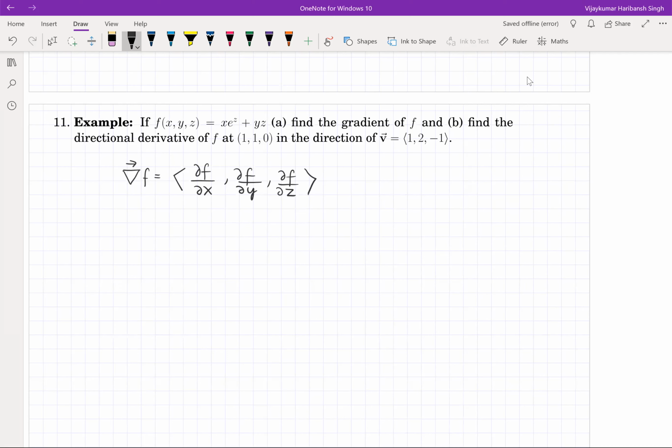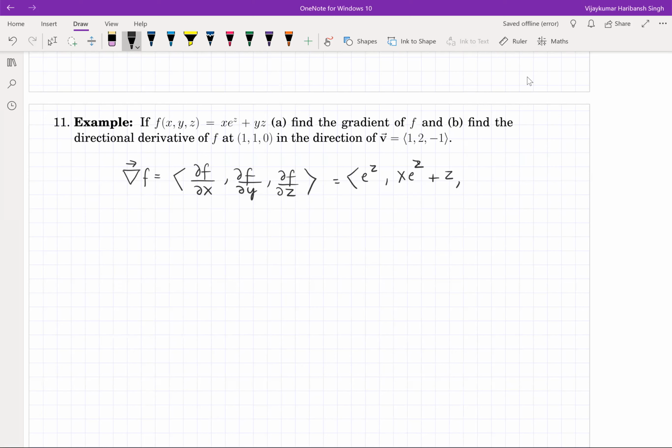So the partial derivative with respect to x is going to be e to the z for the first term. So it's going to be x e to the z, plus from the second one, when you take the derivative, you get z.